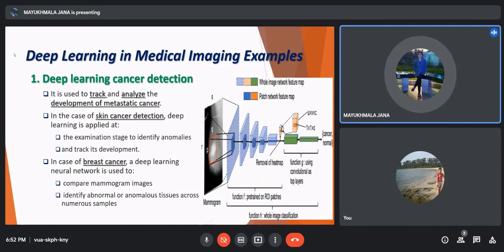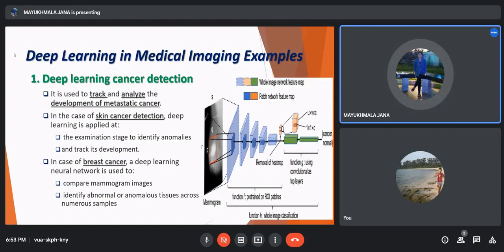Deep learning is the fastest growing field and is widely used in cancer detection and diagnosis. Recent research has demonstrated that deep learning can increase cancer detection accuracy significantly. Deep learning in cancer detection, such as skin cancer or breast cancer, is used to track and analyze the development of metastatic cancer.